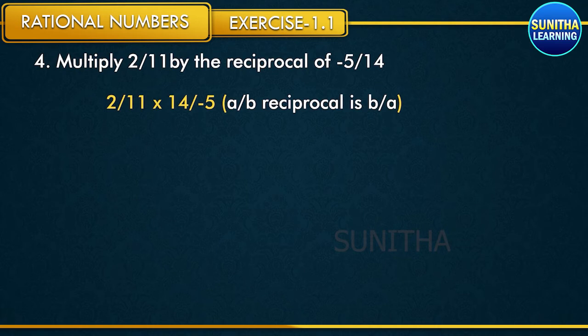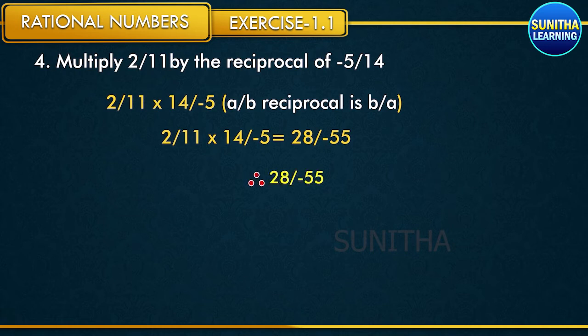So 2 by 11 into reciprocal of minus 5 by 14, that is 14 by minus 5. Now do the operation. Is there any cancellation? No. So directly multiply it. 14 times 2 is 28, by 11 into minus 5 is minus 55. So the answer is minus 28 by 55.